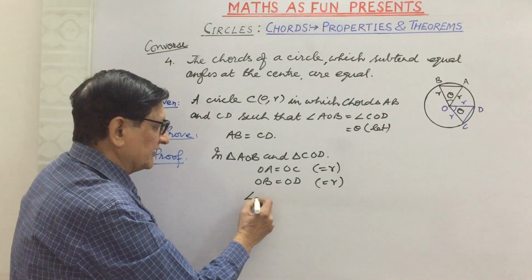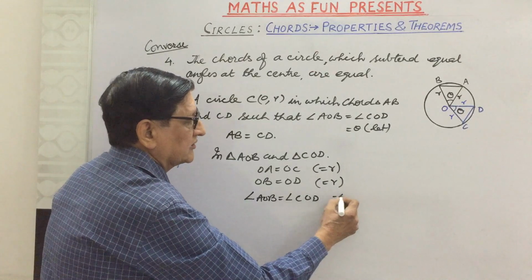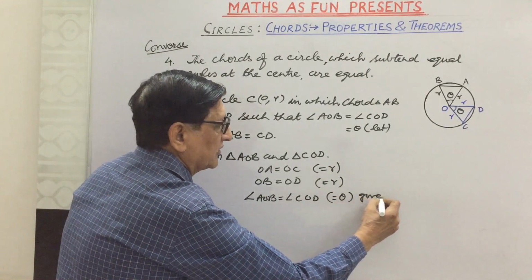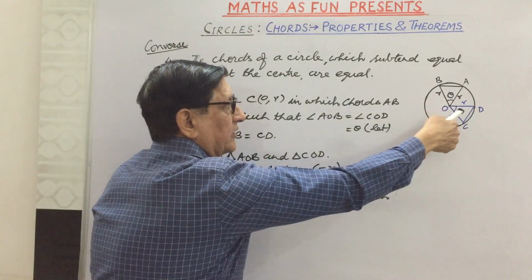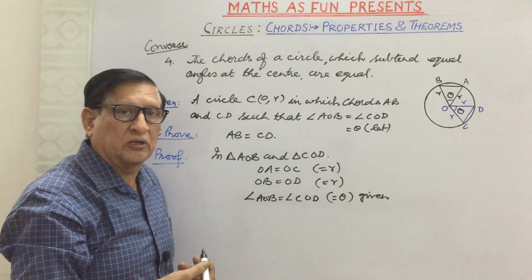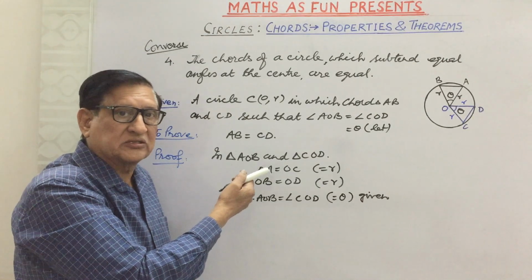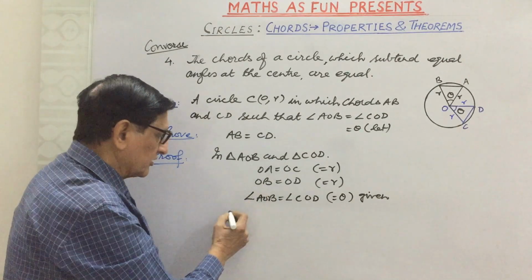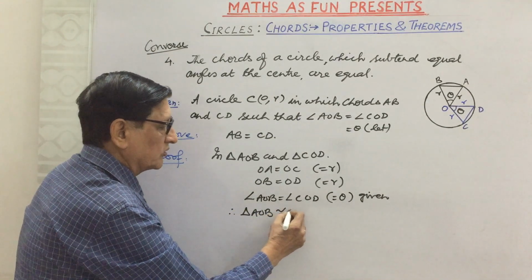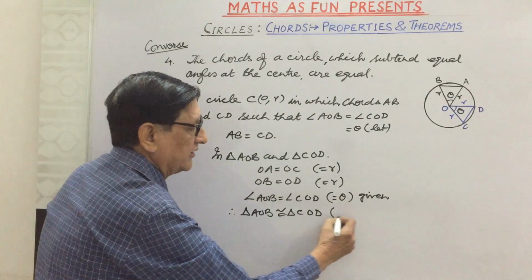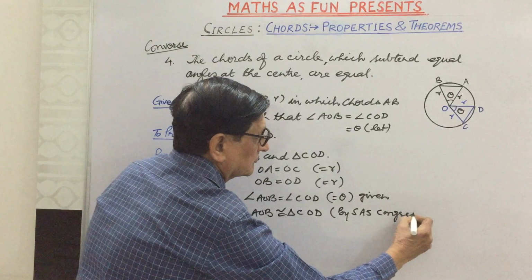And we have been given that angle AOB is equal to angle COD, that is theta. So what we find? Two sides and the angles subtended by them are equal. Therefore the triangles are congruent by SAS congruence. So we can write, therefore triangle AOB is congruent to triangle COD by SAS congruence.